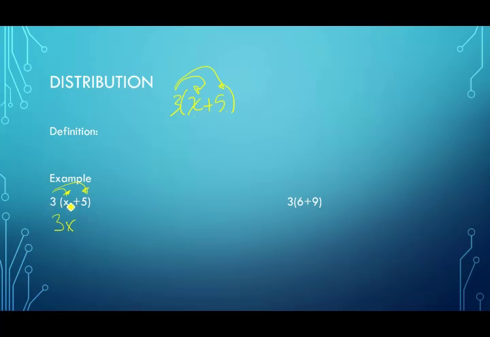So 3 times x is 3x, 3 times 5 is 15. So this is what distribution is.